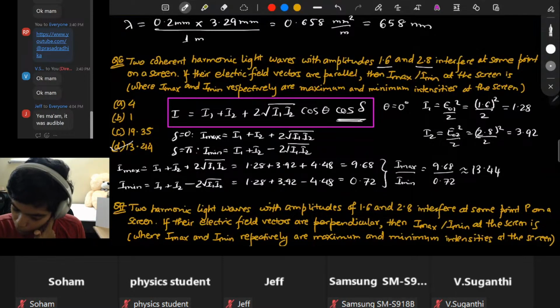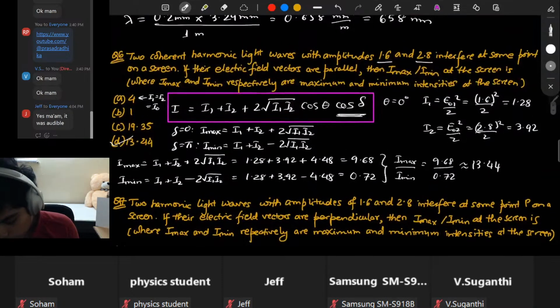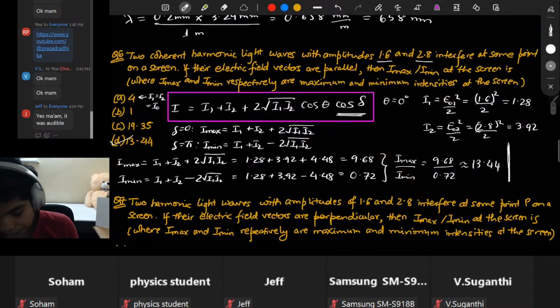I saw that someone had selected option 4 as the correct option. This will be the case when you have I1 equals I2 equals I naught. Whenever you have that, your final intensity is 4 I naught cos squared delta by 2.